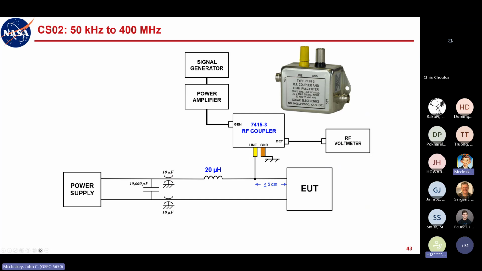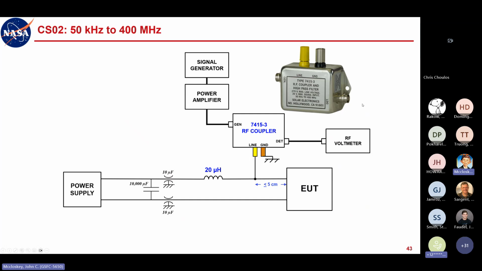So instead of an injection transformer, there was this RF coupler that is about this physical size. You can hold it in your hand, but you take a signal generator, go through a power amplifier, and go through this coupler. It was essentially a capacitive coupling network. There's a little bit more to it than that, but it's a high pass filter. And then it would give you your detector output.